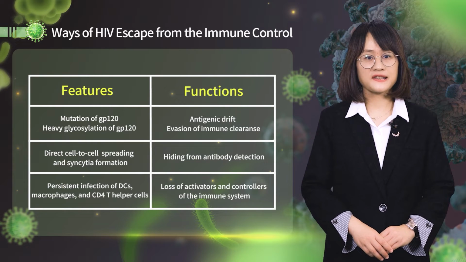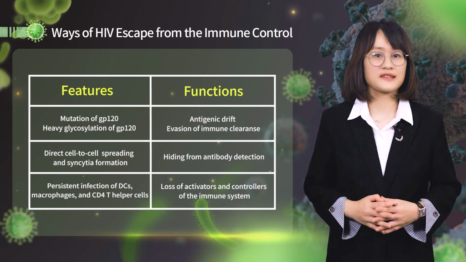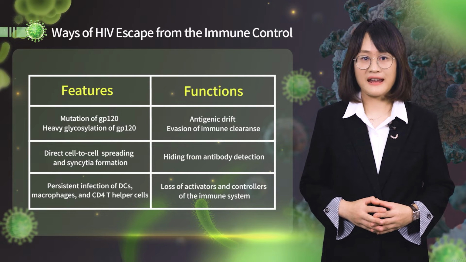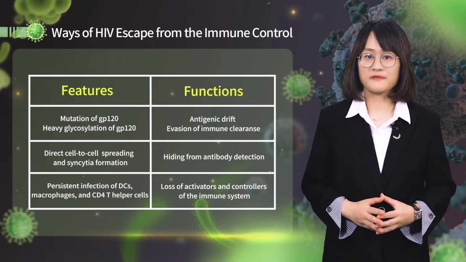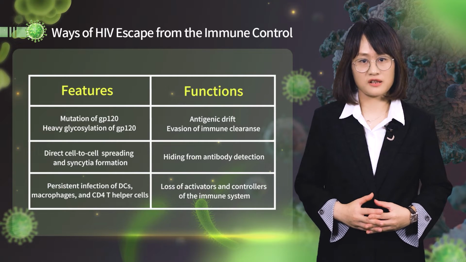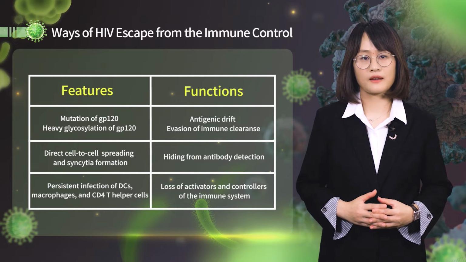Moreover, persistent infection of dendritic cells, macrophages, and CD4 T helper cells may lead to loss of activators and controllers of the immune system. Ultimately, the entire immune system is compromised. If this progresses, the final result will be immunodeficiency.